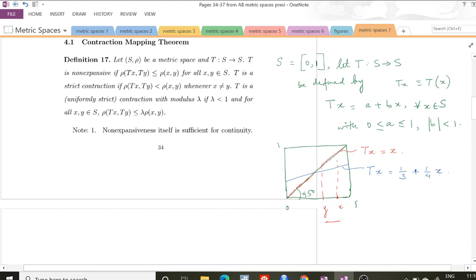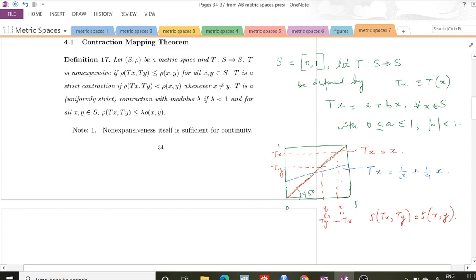And then I have Tx and Ty, but Tx is equal to x, Ty is equal to y, so the distance between Tx and Ty is exactly equal to the distance between x and y, right?